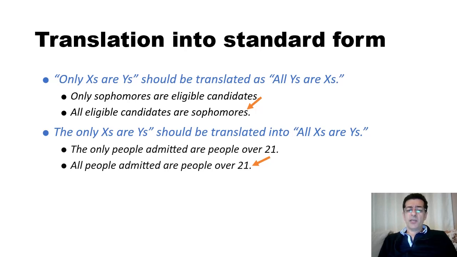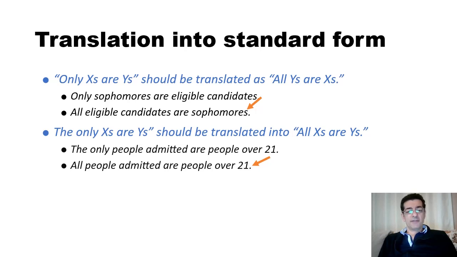If the claim we hear is only X's are Y's, then we change it to all Y's are X's. Now what happens here is that we switch the predicate and the subject terms and change only to all. Now this means we first use all instead of only and then transpose the subject term and the predicate term.